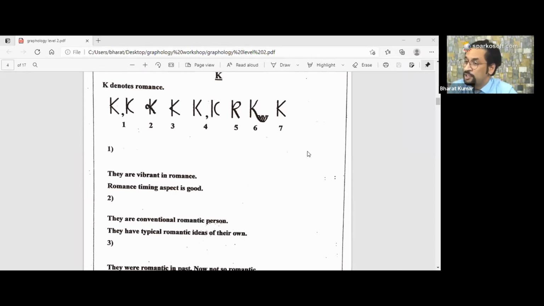The seventh one should be smaller in size. It should be for a small letter K.